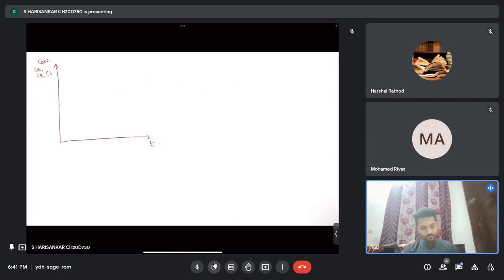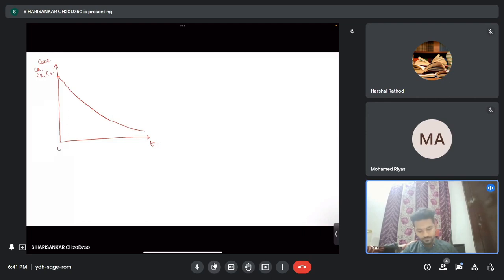Similar to the last case, A will be highest during the initial stages and it will decrease as we proceed with the reaction. Now R and S will be 0 at time t equal to 0.